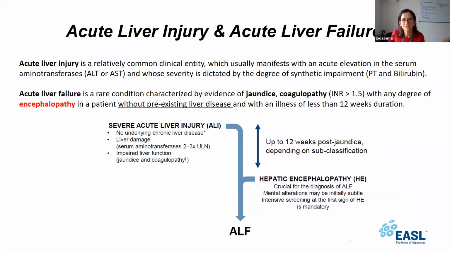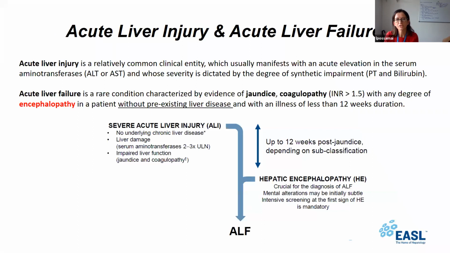Acute liver injury, as I've said, is quite a common clinical entity with an elevation acutely in the ALT or AST, and the severity of that liver injury is determined by the degree of synthetic impairment as evidenced by prothrombin time and jaundice. Acute liver failure is a very rare clinical condition and is characterised by this triad of jaundice, coagulopathy, with encephalopathy.